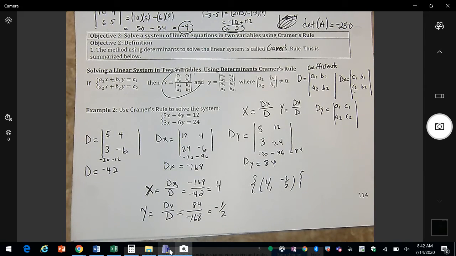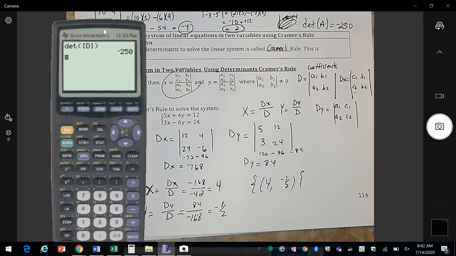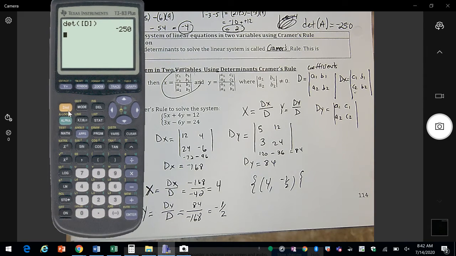Okay. If you wanted to put this into a calculator, then you would enter your matrices, which is A in this case, then B, and the C. So you would have to find the determinant of A, which is negative 42.